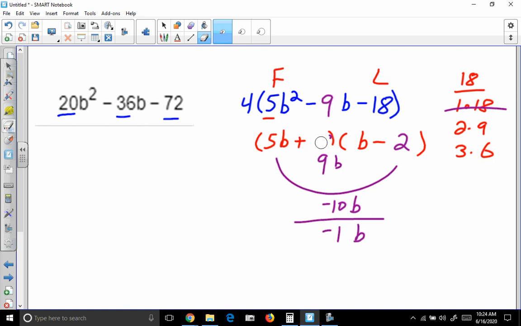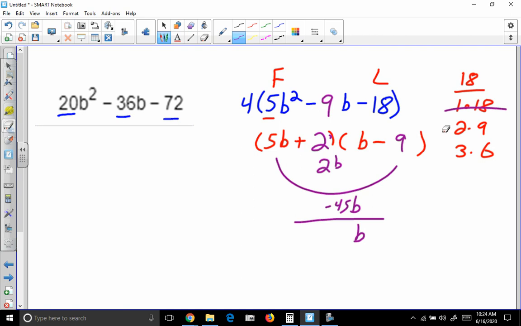We could try it the other way. We could try the 9 over here. But if we try the 9 there and the 2 there, we get 2b on the inside, 5 times negative 9, so negative 45b there, and that doesn't work. So we can mark out that one.